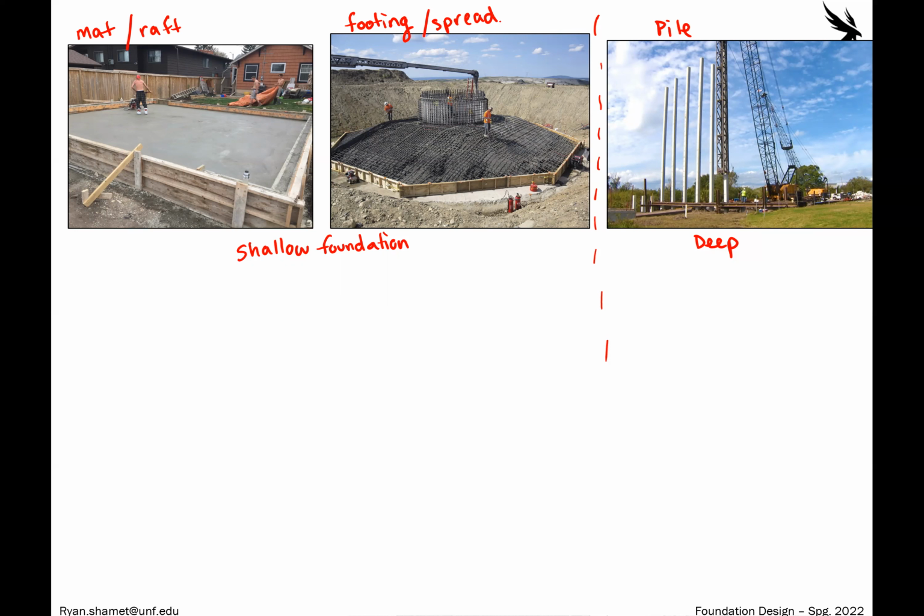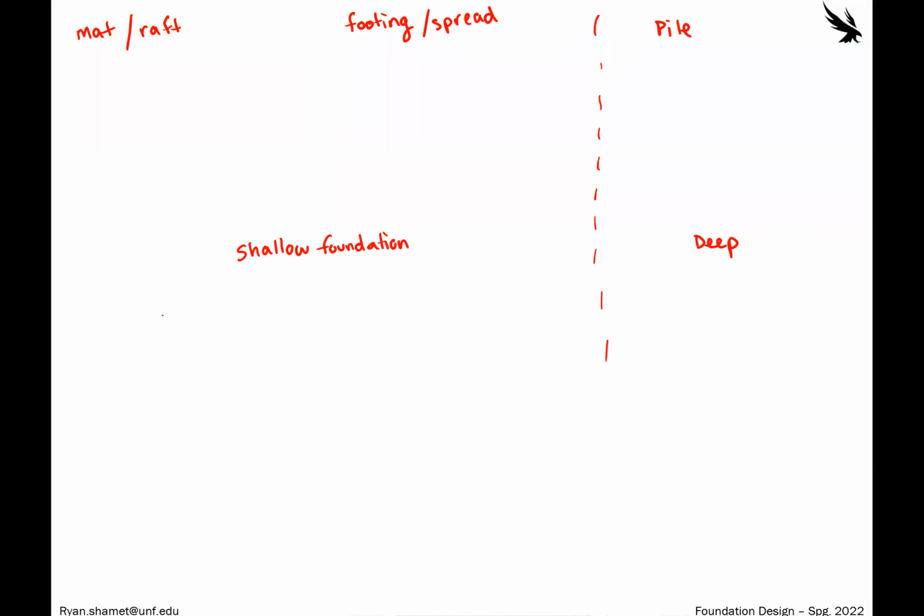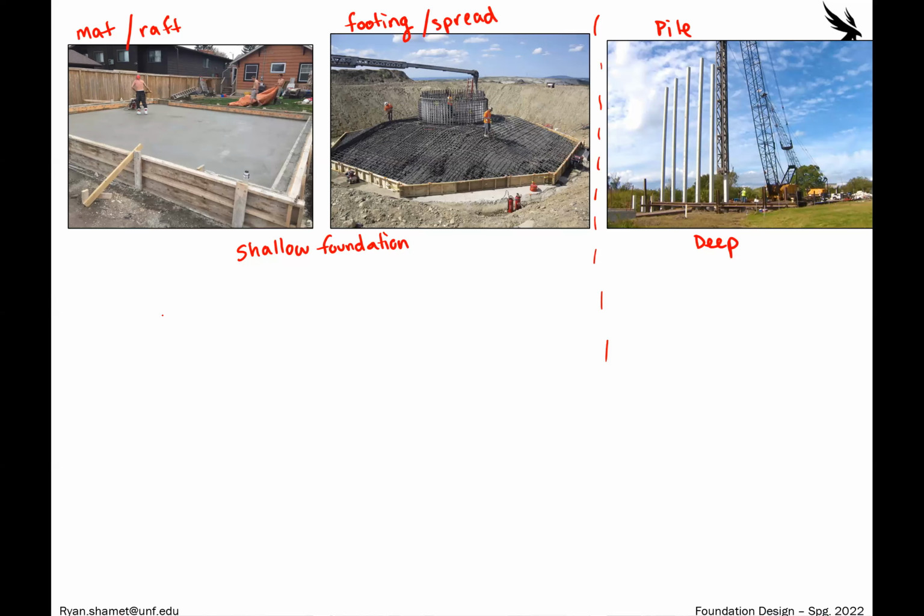So for our shallow foundations, these are basically just increasing the footprint of the load. So if we have a ground surface that looks something like this, we have a structural load coming here from a column or an elevator shaft or a wind turbine or whatever we have here. This structural loading needs to be transmitted through the ground effectively.